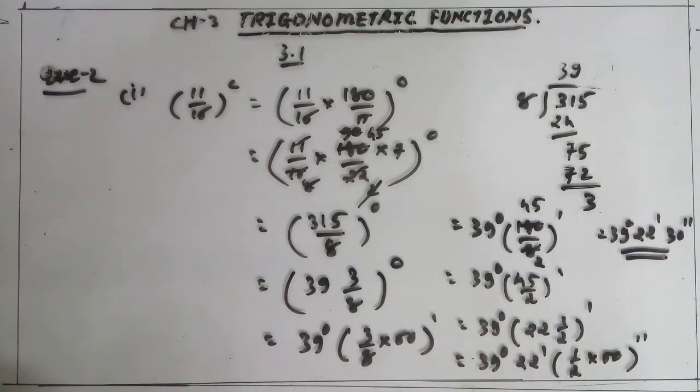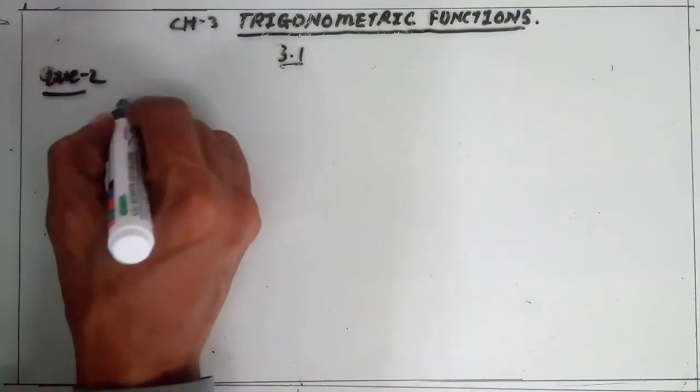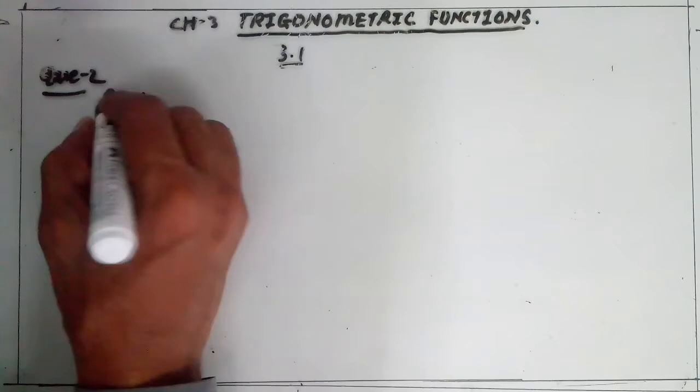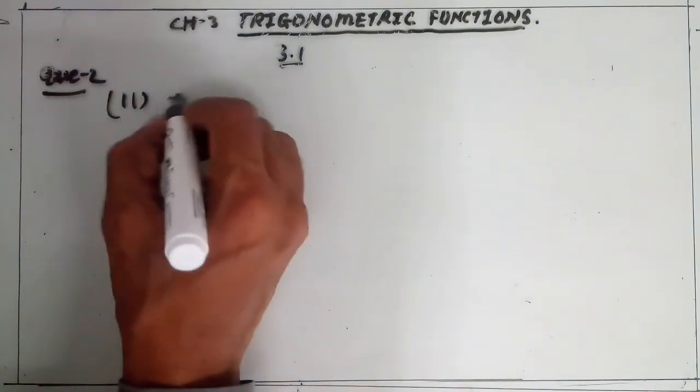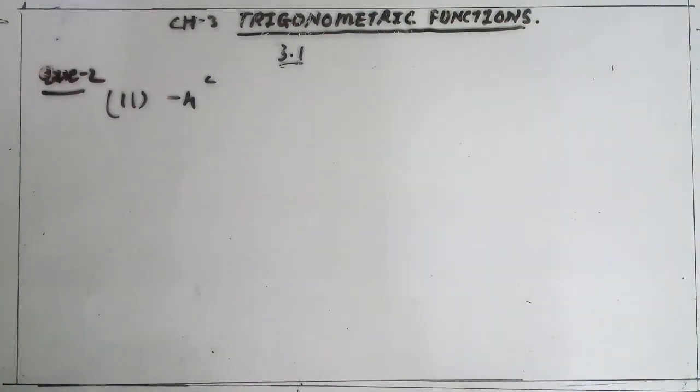So easily we change this radian measure into degree form. Clear this? Now number 2, minus 4 radian form is given.